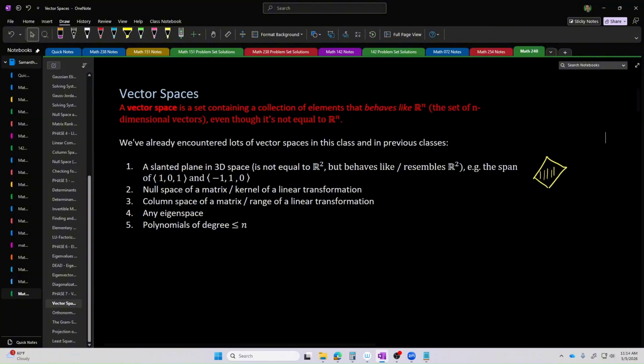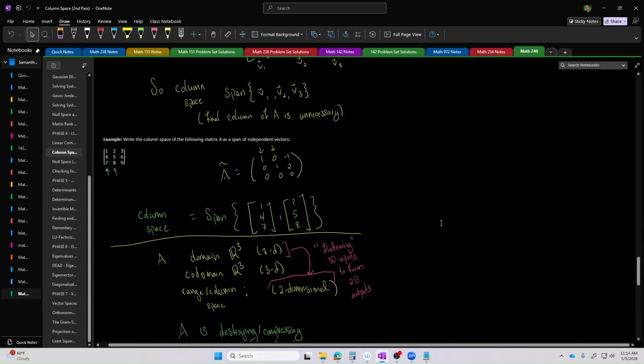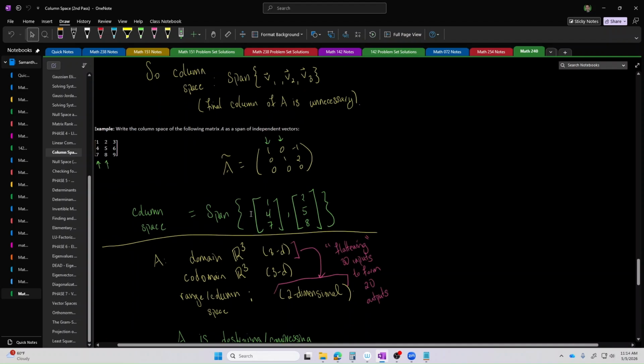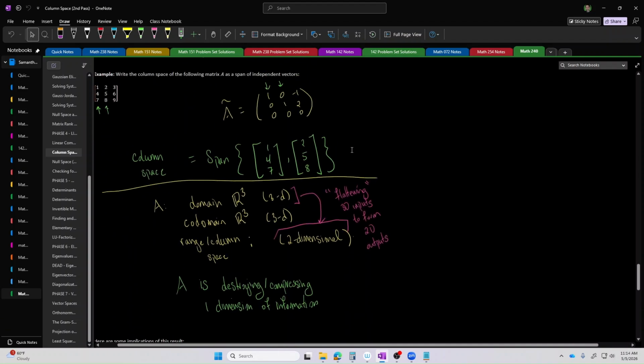All the column spaces that we've calculated are also examples of vector spaces. For example, in this video, when we looked at the column space of this matrix, we saw that the column space was spanned by two vectors, the two pivot columns (1, 4, 7) and (2, 5, 8) of the matrix.